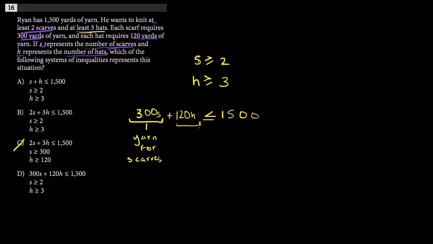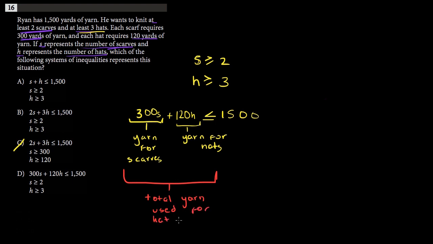And this number right here is the yarn for hats. And therefore, this total thing, 300S plus 120H, is the total yarn used for hats and scarves, right?